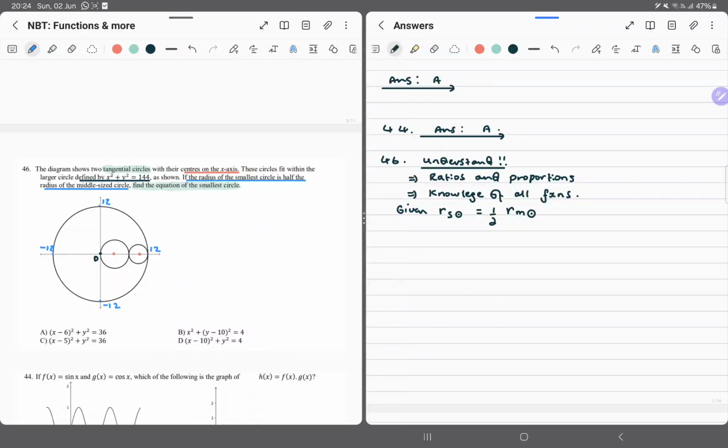Okay, that is given. It follows, therefore, that 2 times the radius of the smaller circle would be equal to the radius of the medium circle.